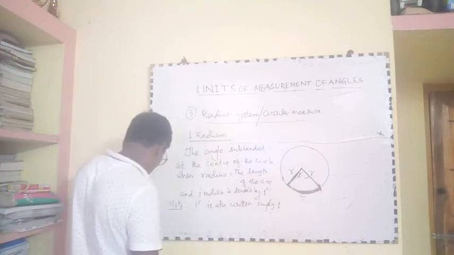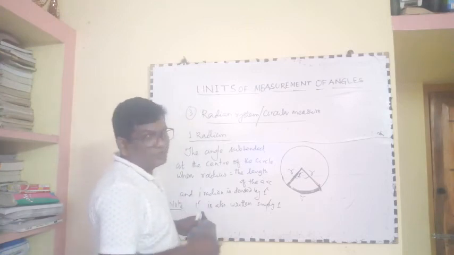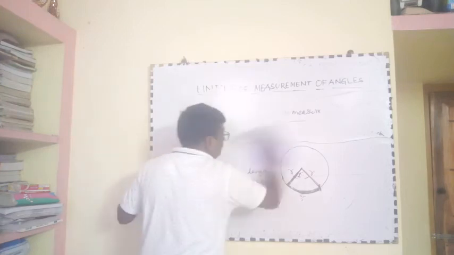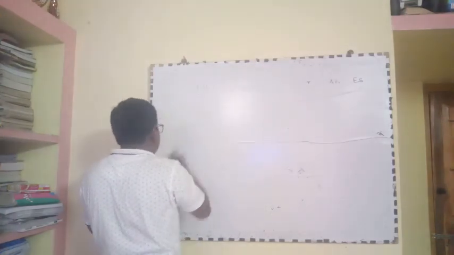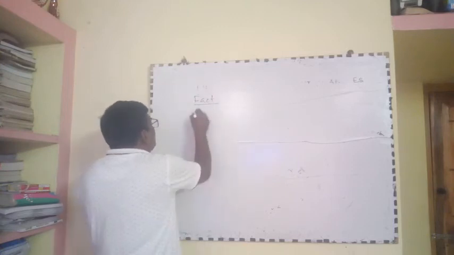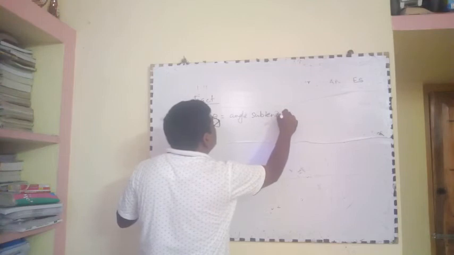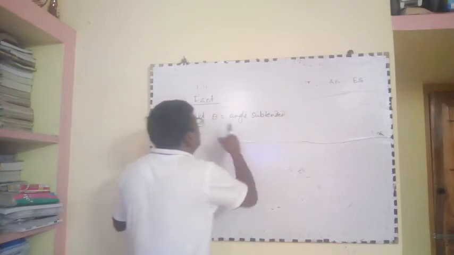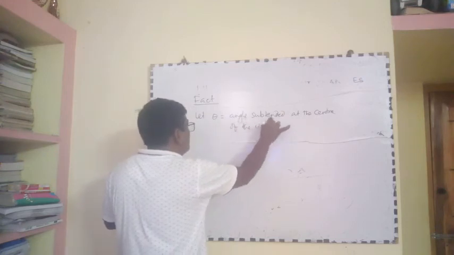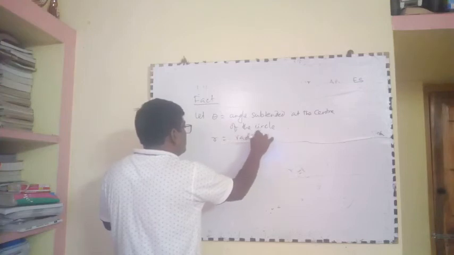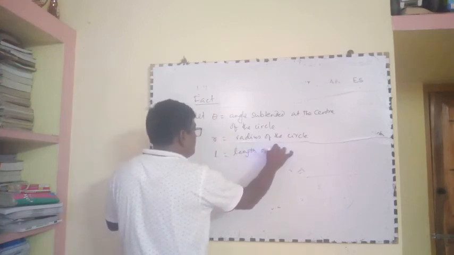Now, some basic facts. Fact 1. Let theta equal the angle subtended at the center of the circle, R equal the radius of the circle, and L equal the length of the arc.